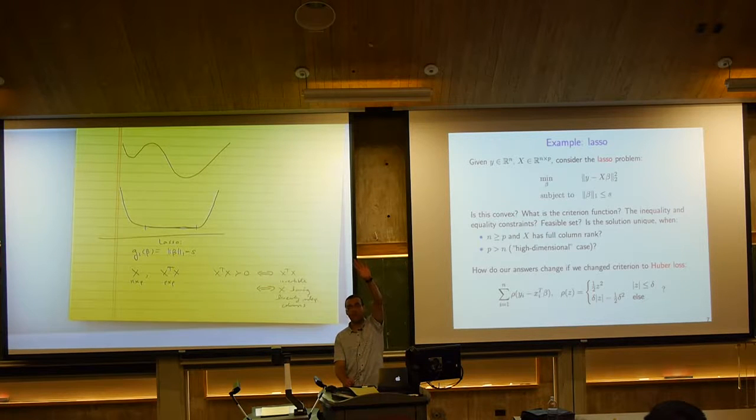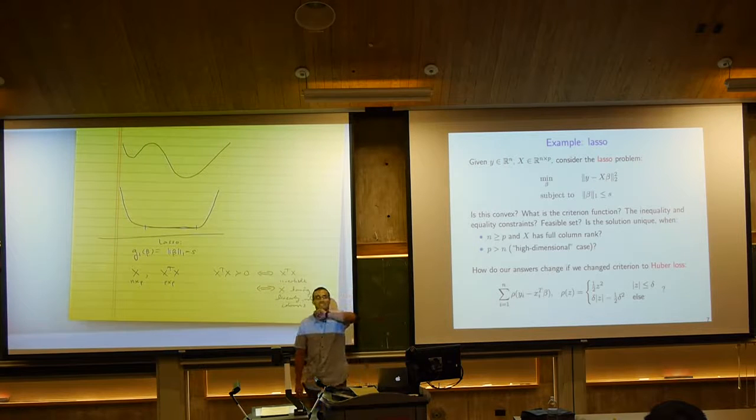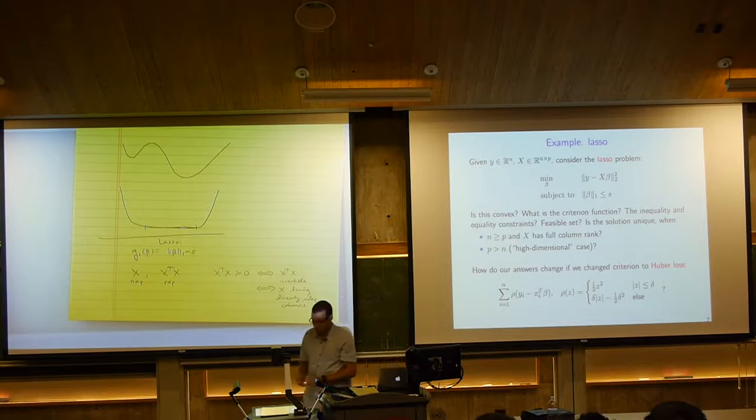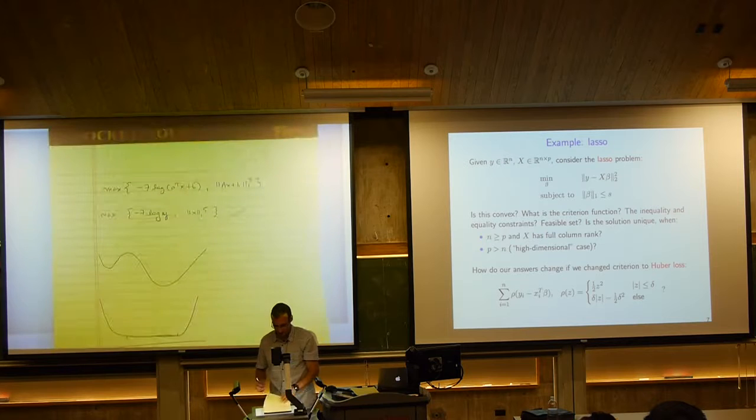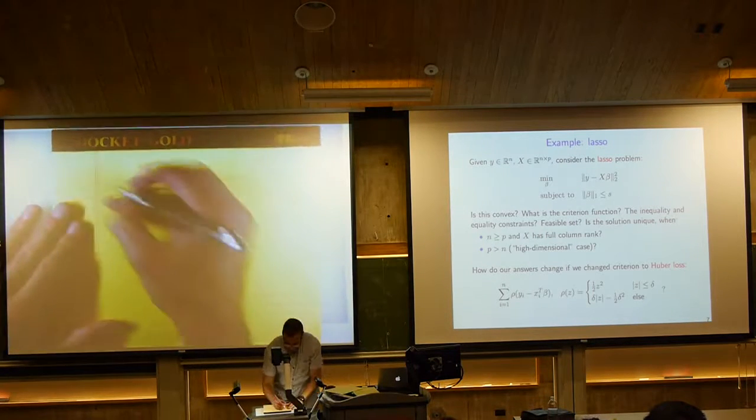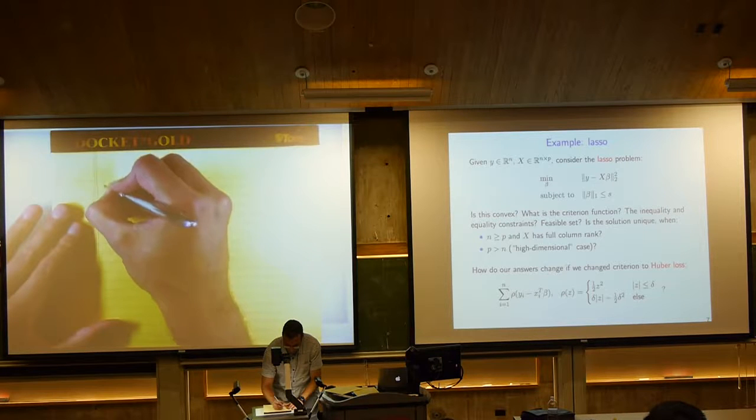Okay, so everyone thinks the answer is no. So why is the answer no? X transpose X is now p by p, but its rank is lower, because one of its dimensions is n. So its eigenvalues would not all be nonzero.